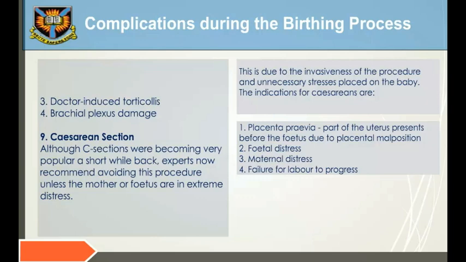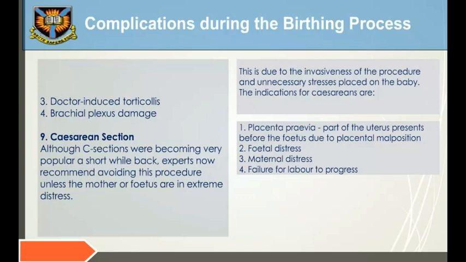9. Cesarean section. Although C-sections were becoming very popular a short while back, experts now recommend avoiding this procedure unless the mother or fetus are in extreme distress. This is due to the invasiveness of the procedure and unnecessary stresses placed on the baby.